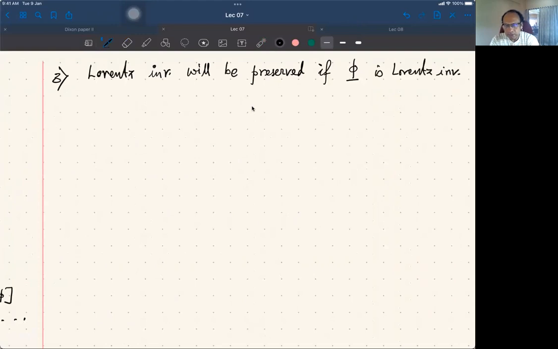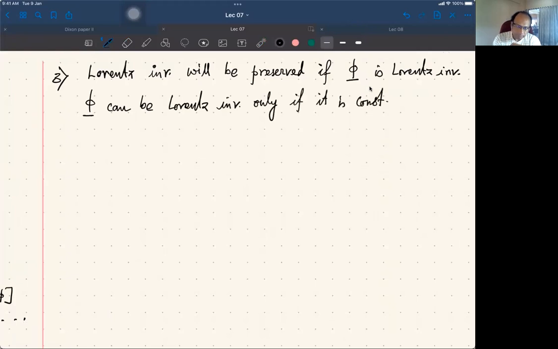If the solution breaks Lorentz invariance, then the physics around that solution will also be Lorentz non-invariant. And phi lower bar can be Lorentz invariant only if it is constant: phi lower bar of t, x vector is equal to a constant phi.